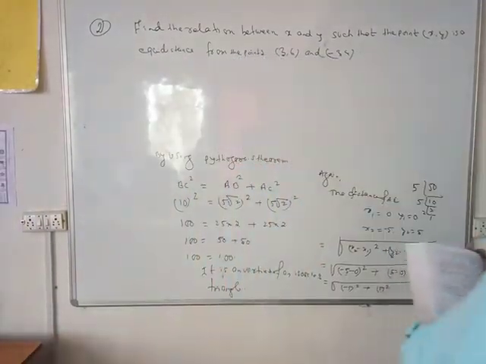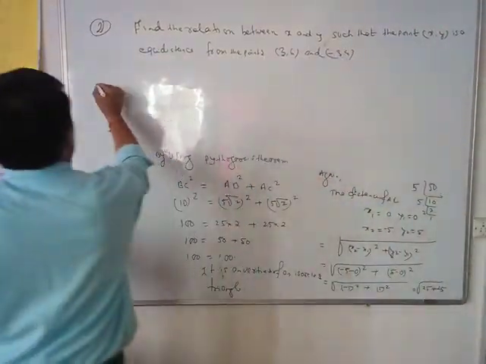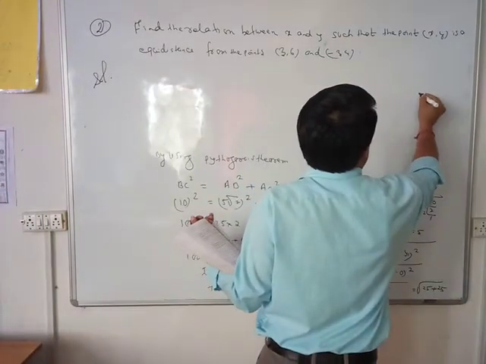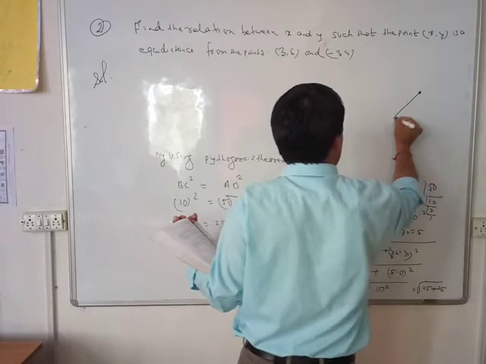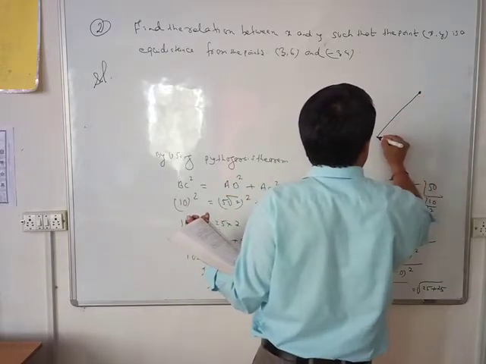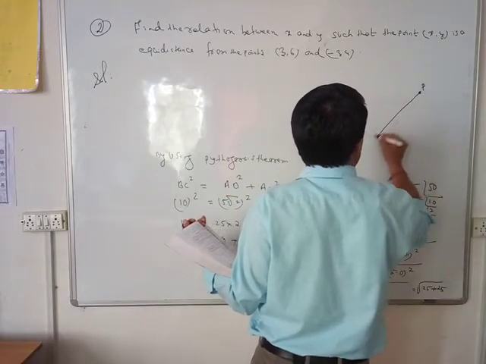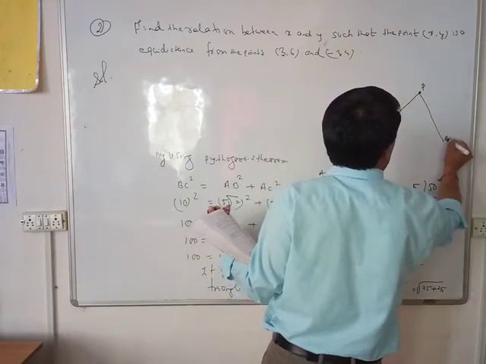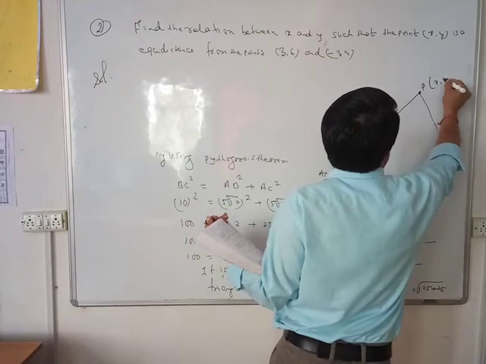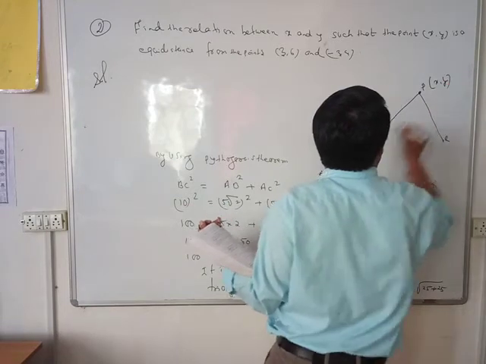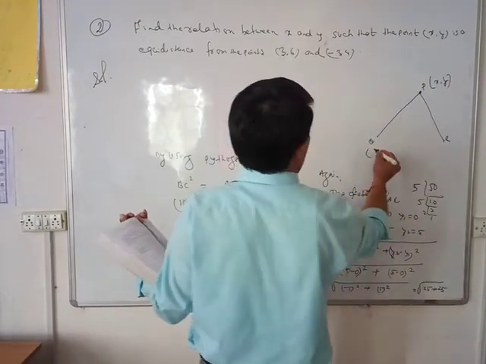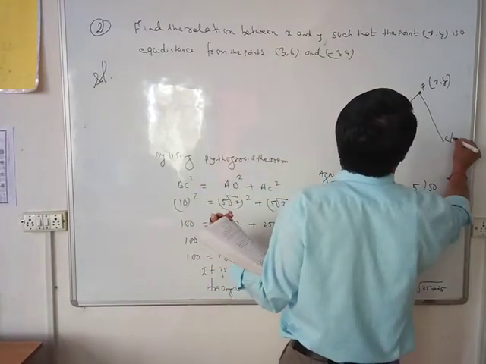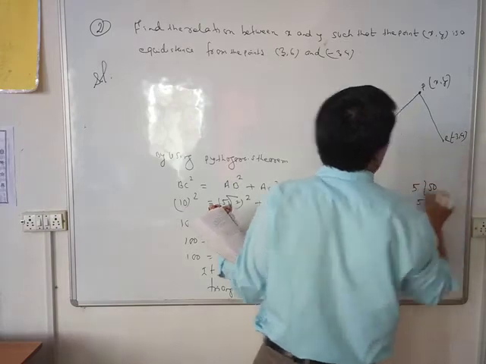Then firstly, we write the solution. After that, this point is equidistant from Q and R. Suppose P is equidistant from Q and R. The coordinate of P is x and y, the coordinate of Q is given as 3, 6, and the coordinate of R is minus 3, 4.